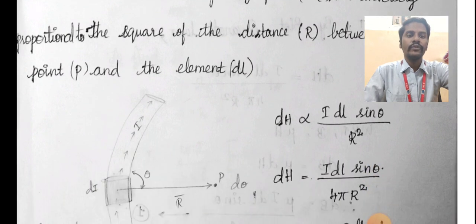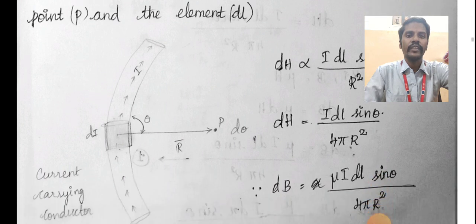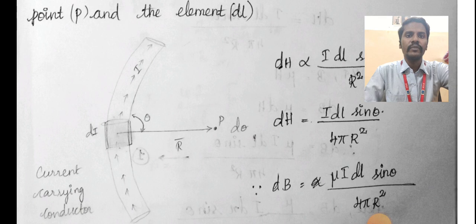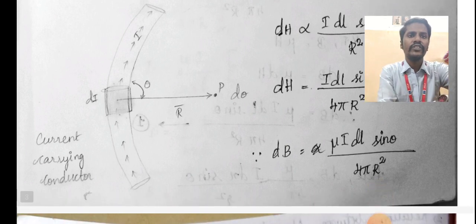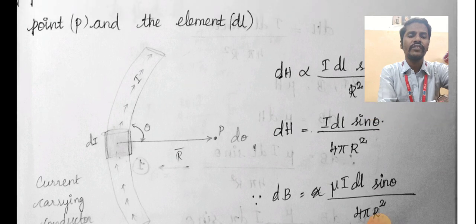Taking the proportionality constant, we get dH is equal to I dl sine theta divided by 4 pi r square. Here we have a differential current element on a current carrying conductor carrying a current I, and the angle between the point P and the differential current element is theta.